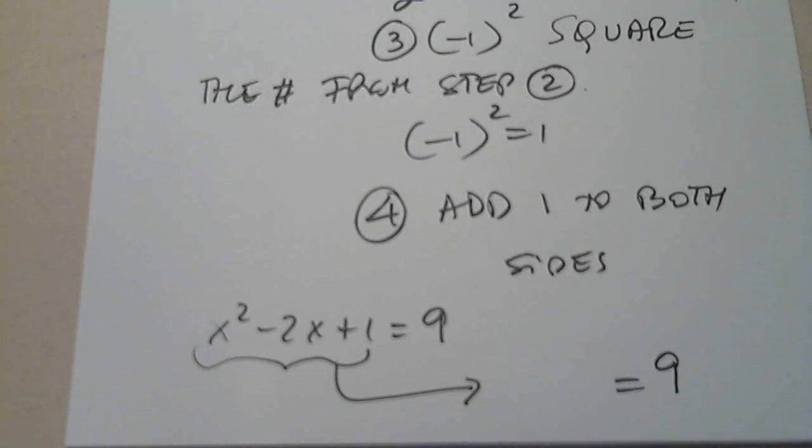If you skip any steps from this strategy, you may have a hard time with it. Anybody can factor x squared minus 2x plus 1, please? Move the 1 over?